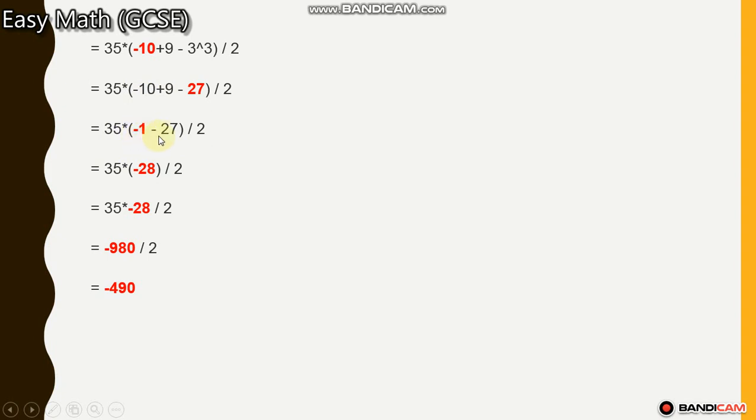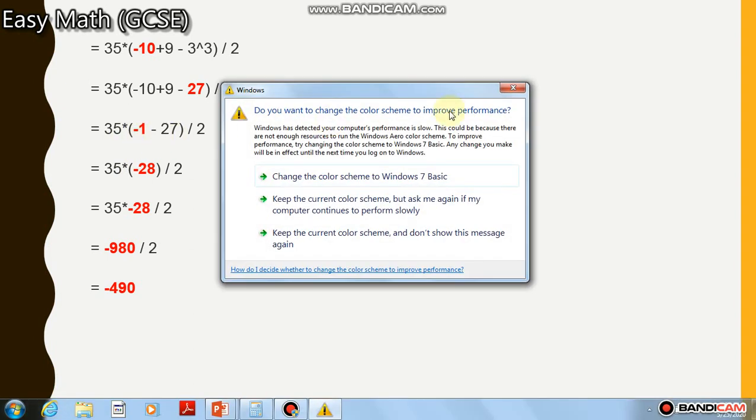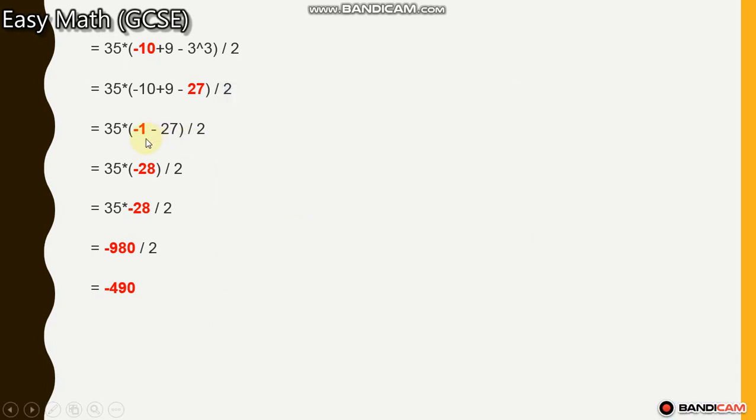Now negative 1 minus 27 gives you negative 28. For integers with the same sign, we have to add them, whether positive or negative, to get negative 28. Now 35 times negative 28 gives negative 980 over 2, and the last answer is negative 490.